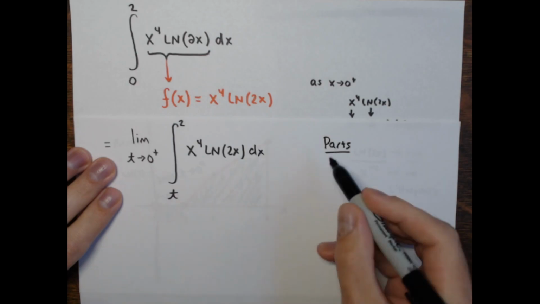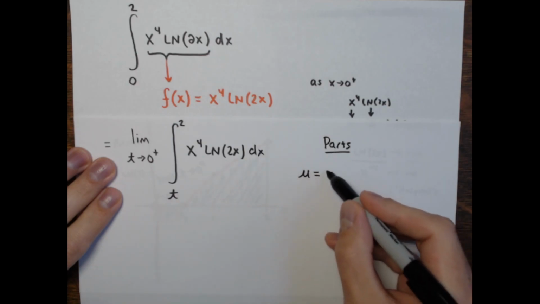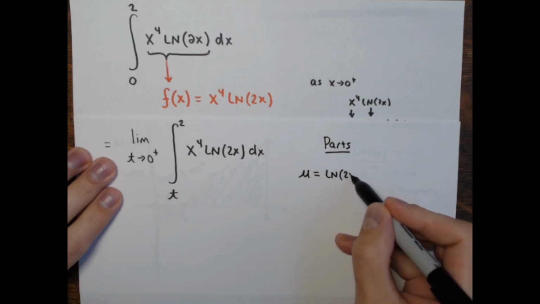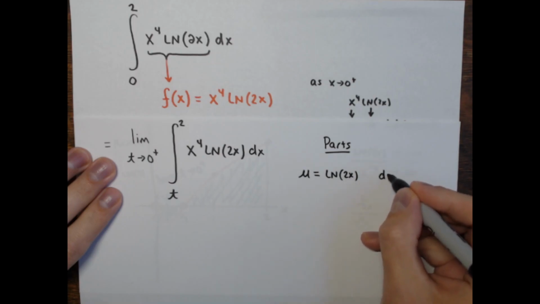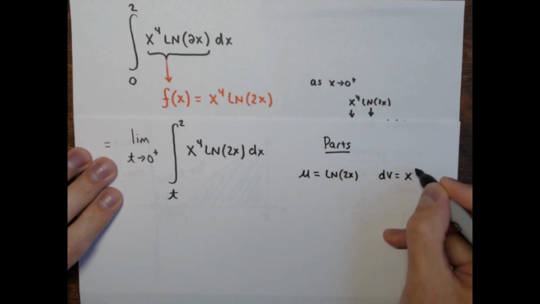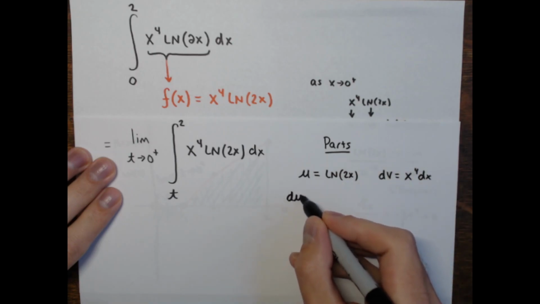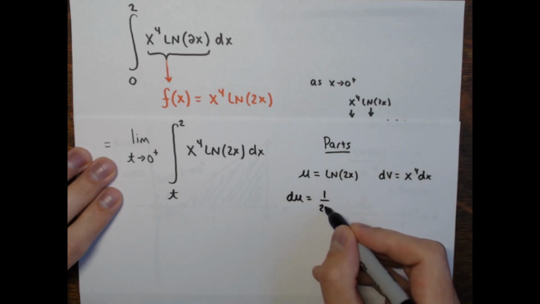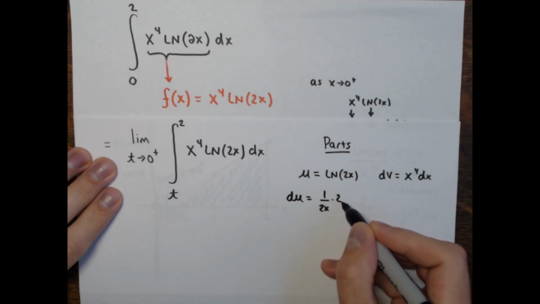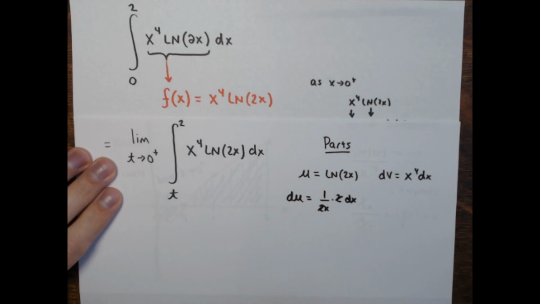And this time I'll have u be the log, right? U is the natural log of 2x, and then dv is the rest of it, x to the fourth dx. Then du would be 1 over 2x times 2, and then times dx. So really just 1 over x dx.